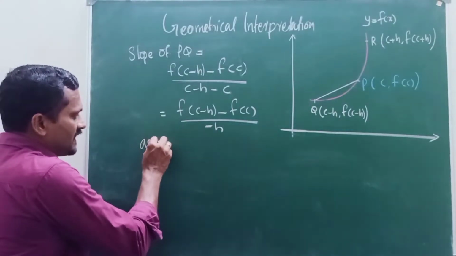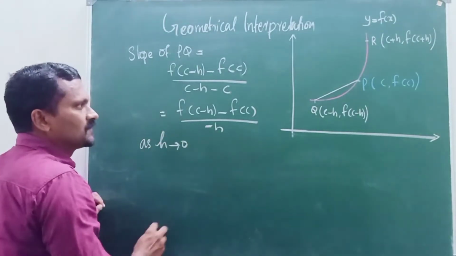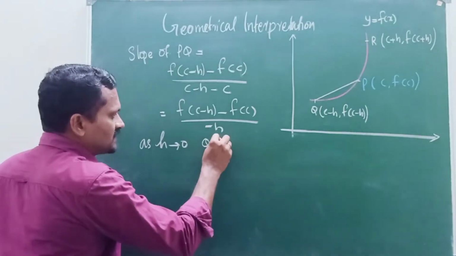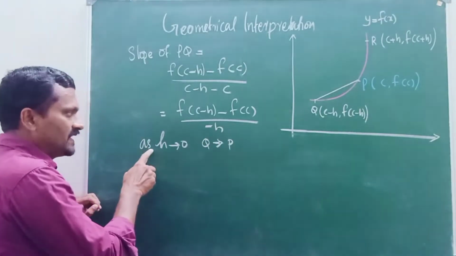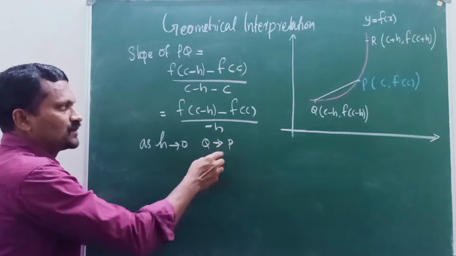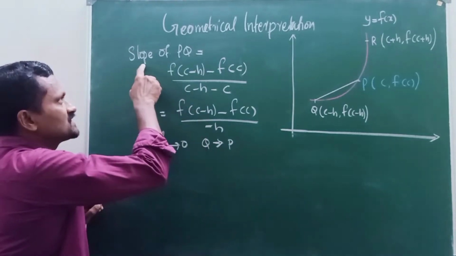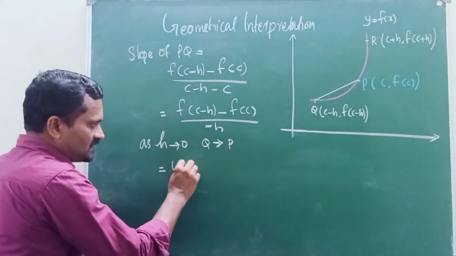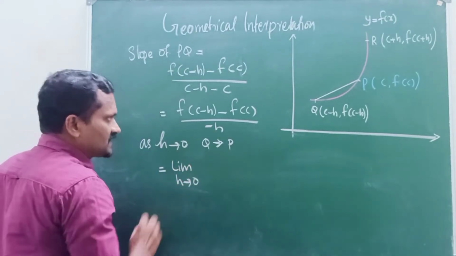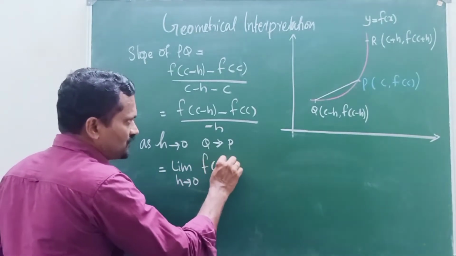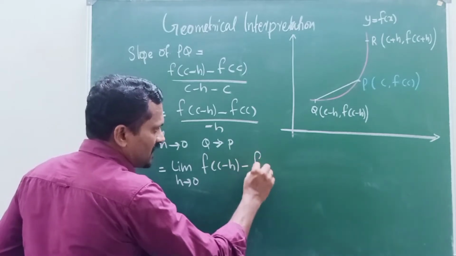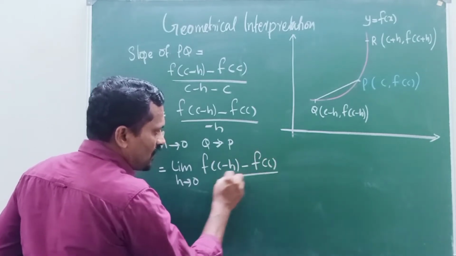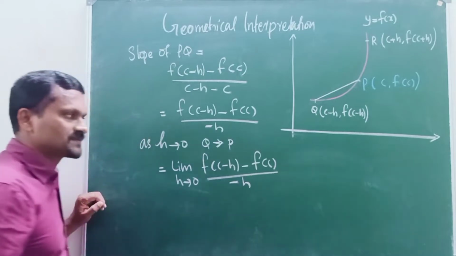As h tends to 0, Q tends to P. So the slope of PQ can be written as the limit as h tends to 0 of (f(c minus h) minus f(c)) all divided by minus h.